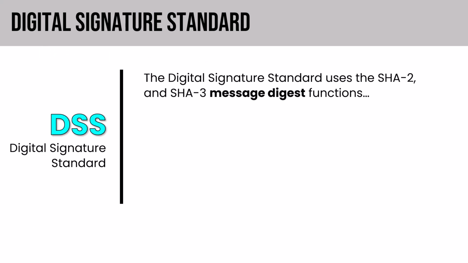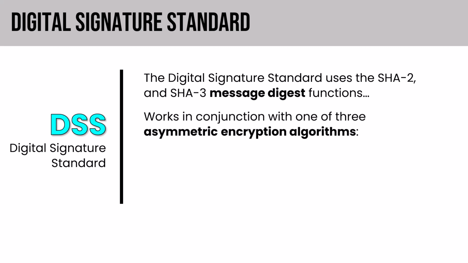So the Digital Signature Standard uses SHA-2 and SHA-3 message digest functions, hashing algorithms, to hash the message. It creates a fingerprint of sorts, which is good for the integrity, and it also makes it less work for the asymmetric algorithms that actually create the digital signature to do their work.